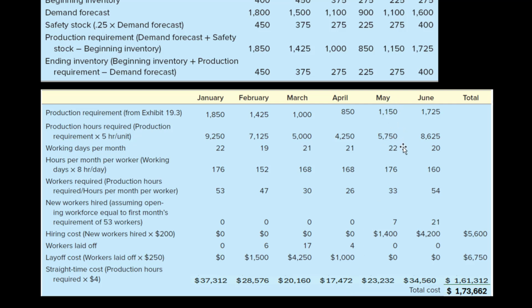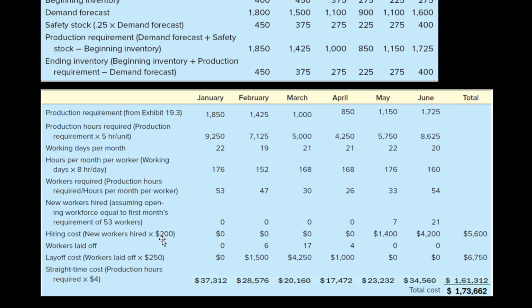But in the month of May we require now 33 people, right? Because in the month of May our production requirement suddenly increases to 1150, for which we require this many hours, and then we require 33 people. We have only 26 people right now. So that means we have to hire 7 more new people.